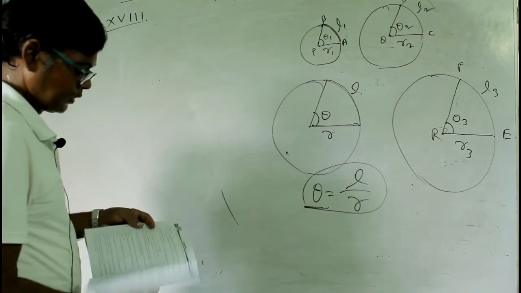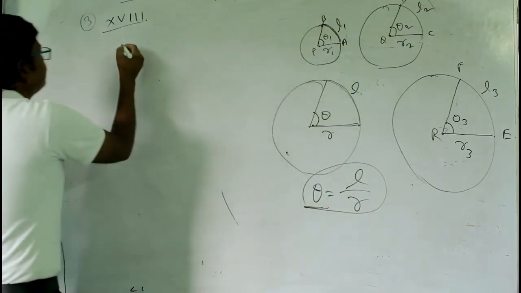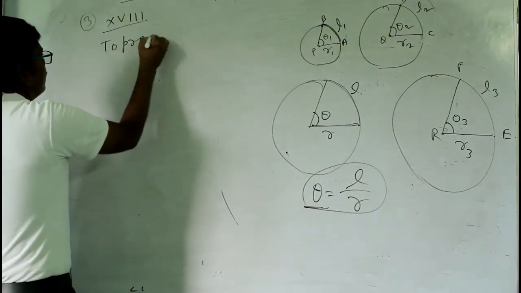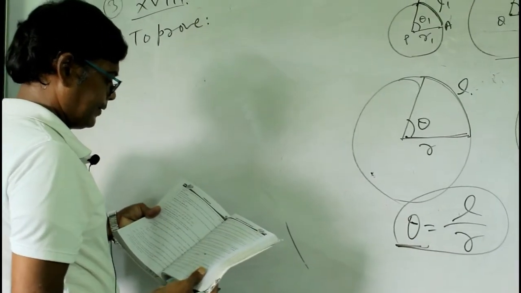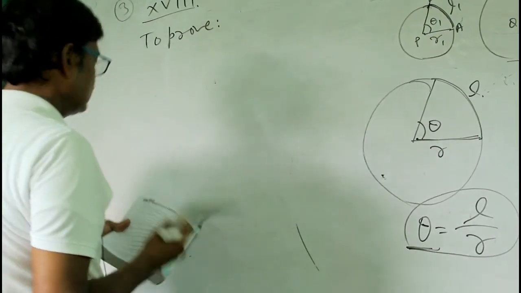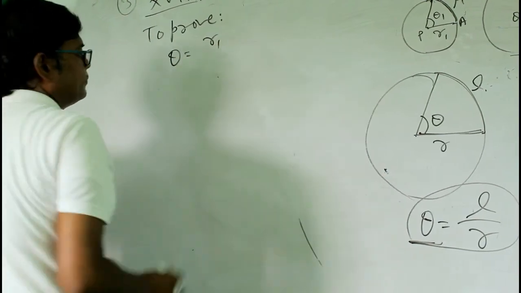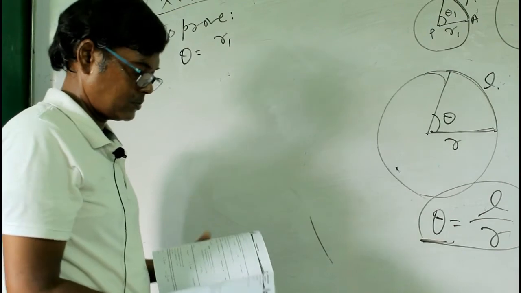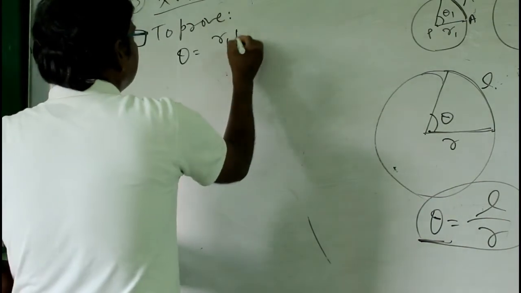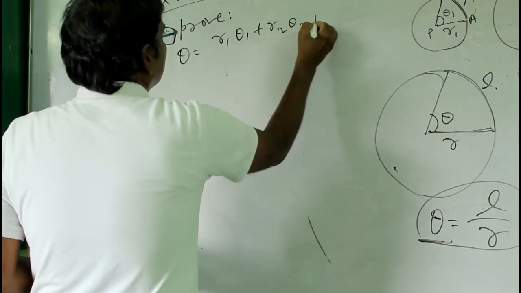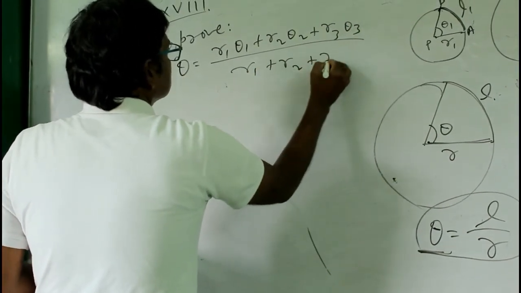Now you are given this. By using this formula, first write what is to prove: the angle theta equals R1 theta 1 plus R2 theta 2 plus R3 theta 3 by R1 plus R2 plus R3.